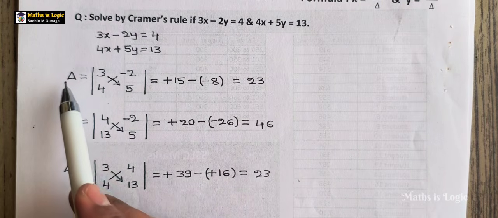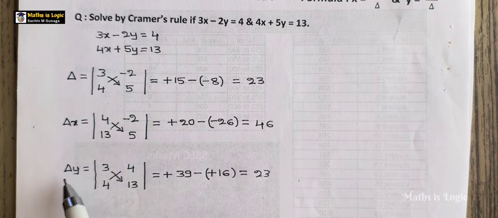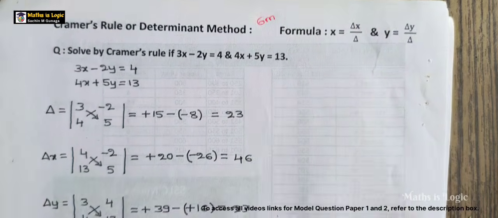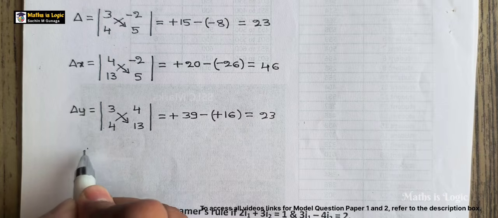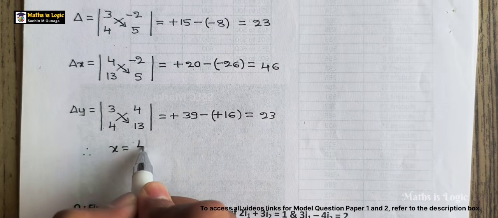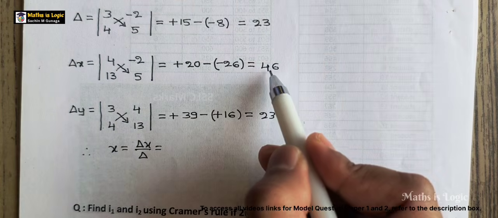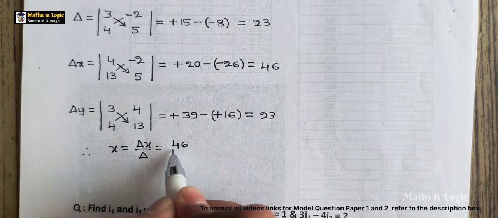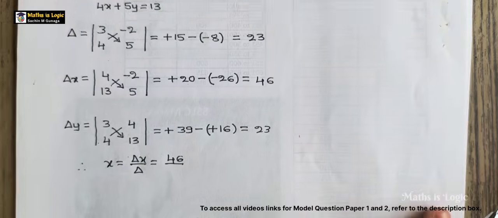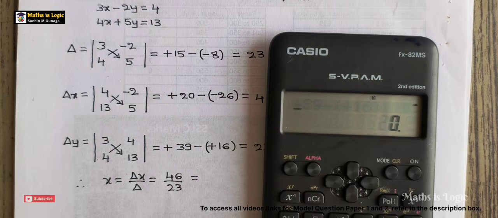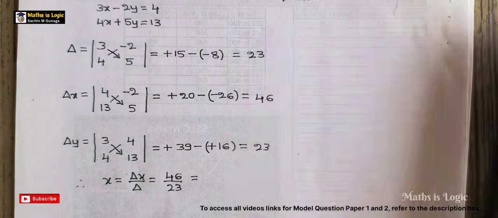Once we get the delta x and delta y values, next we need to find x and y. Write the formula. x is equal to delta x divided by delta. The delta x value is 46, divided by the delta value 23. You can divide 46 by 23, the final answer is 2.